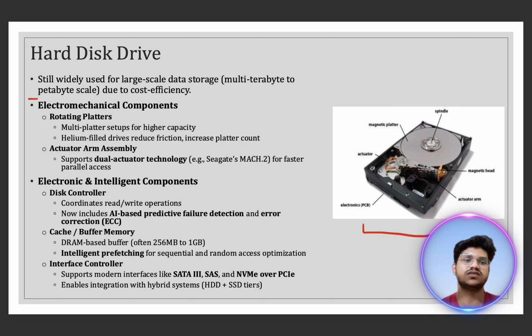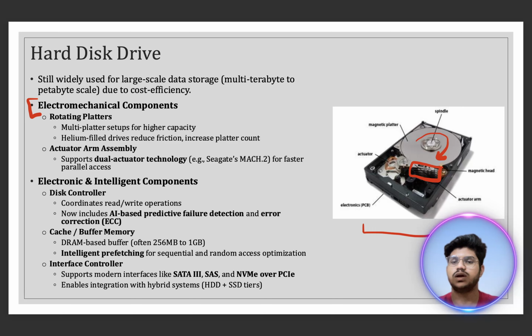The hard disk is composed of electromagnetic components, with rotating platters that rotate with a high angular velocity, and the data is fetched via that. You can see there is a magnetic head. This magnetic head is used to transfer the data from the disk to the RAM, that is, the primary memory.